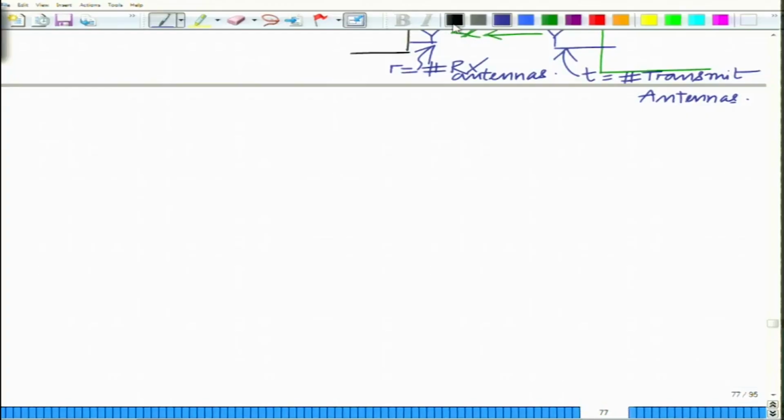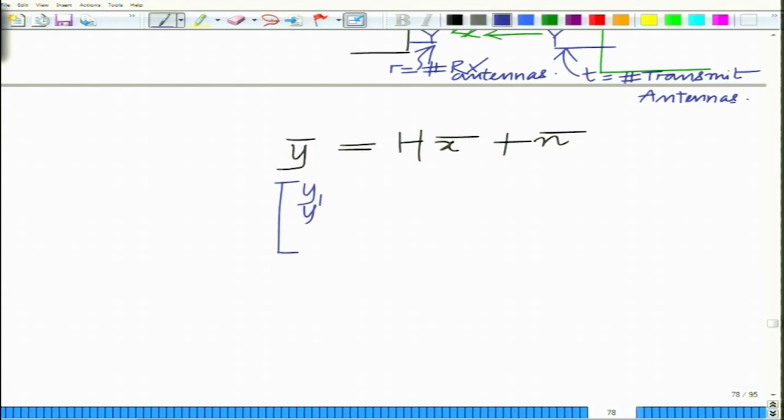Okay. For that, first realize, and we have probably seen this before, that the received symbol vector y is given as y bar equals H x bar plus n bar for this MIMO system, where y bar equals y1, y2, up to yR. These are the R received symbols across the R receive antennas. H is now a matrix, times the transmit vector.